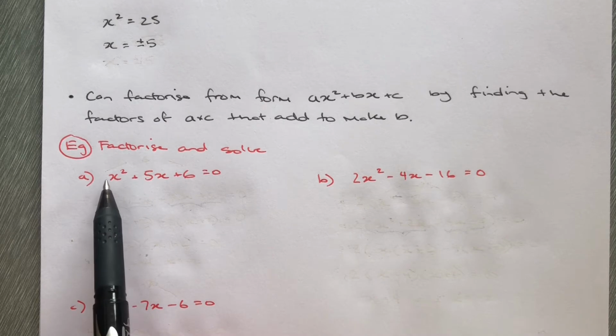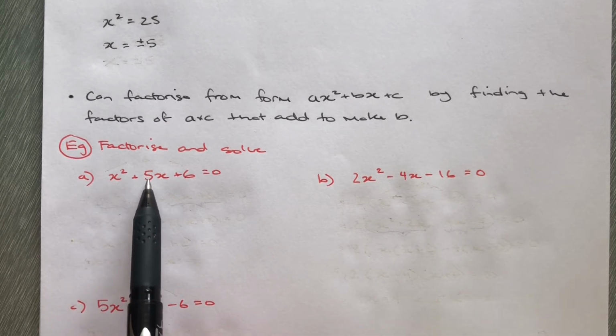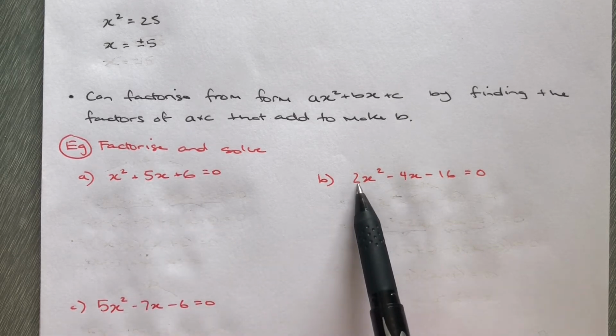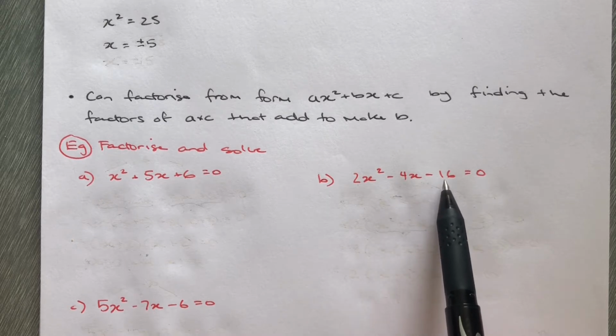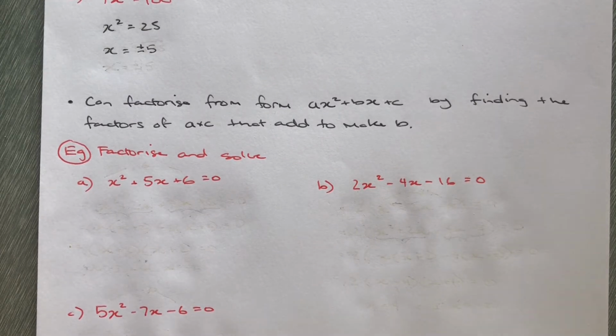So if we look at this one, our A would just be 1, because it's 1 times x squared. Our B would be 5, and our C would be 6. Again, if we look at this one, our A is 2, our B is minus 4, and our C is minus 16.